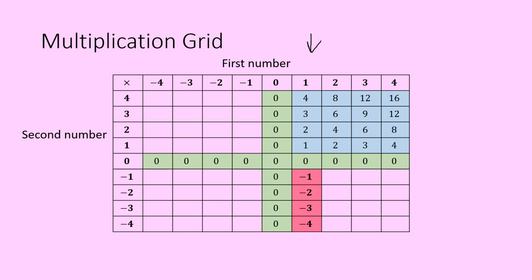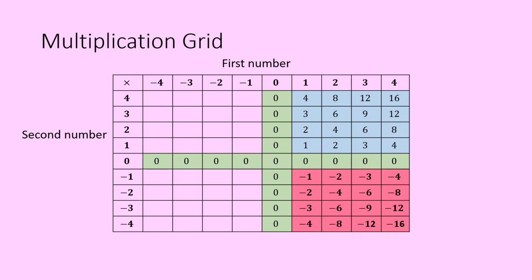So 1 times minus 1 is minus 1, 1 times minus 2 is minus 2, 1 times minus 3 is minus 3, and 1 times minus 4 is minus 4. So we can spot that we had a positive number times by a negative number, and we got a negative answer in the red boxes. So let's use that principle and fill out the rest of that section.